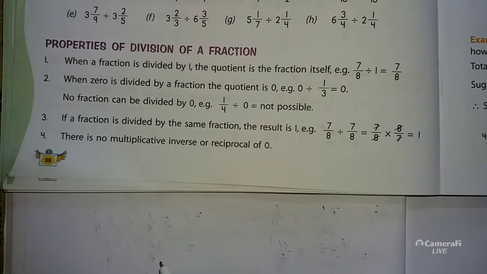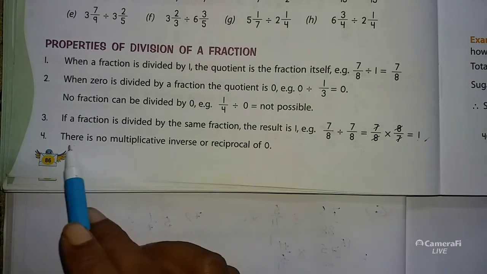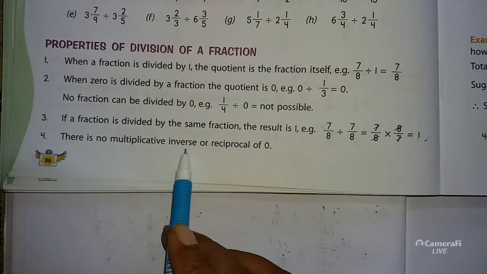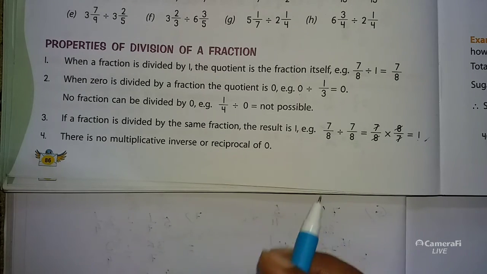So always, if a fraction is divided by itself, we will get 1. Number 4 property, there is no multiplicative inverse or reciprocal of 0. 0 has no reciprocal. Okay.